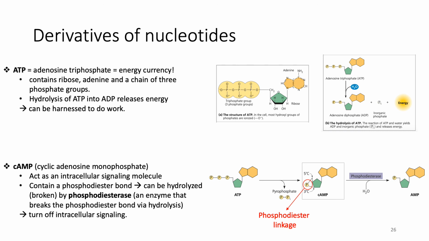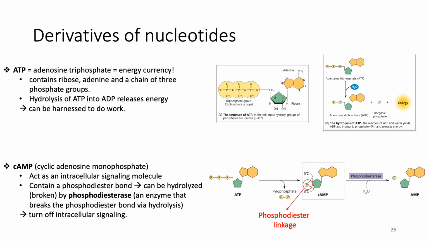cAMP is very commonly used in intracellular signaling programs. It acts as a signal molecule that is used within the cell. Notice that cyclic AMP is formed by removing 2 out of 3 phosphate groups and forming a phosphodiester linkage between the 5' and 3' carbons.